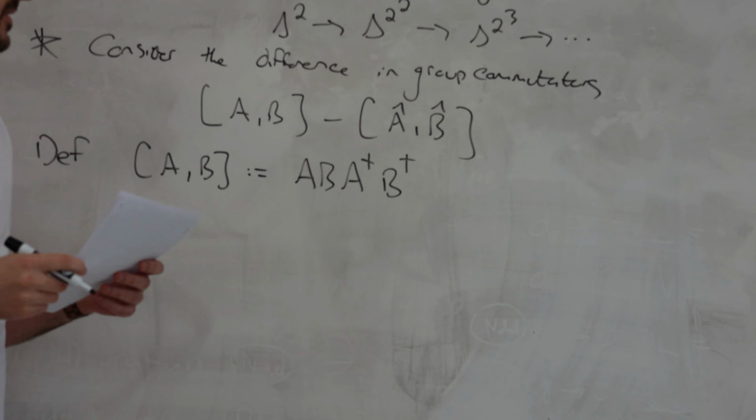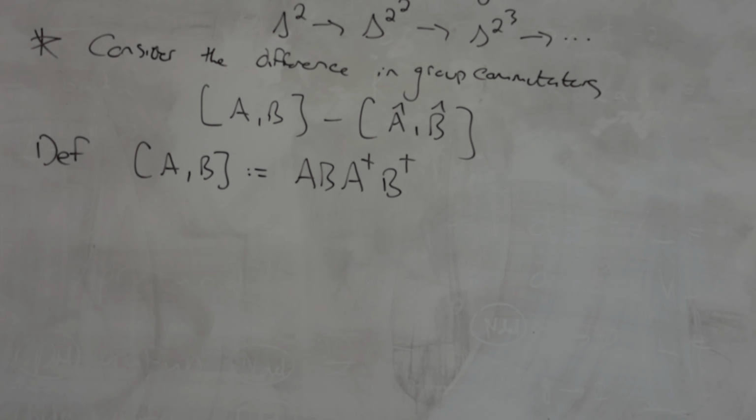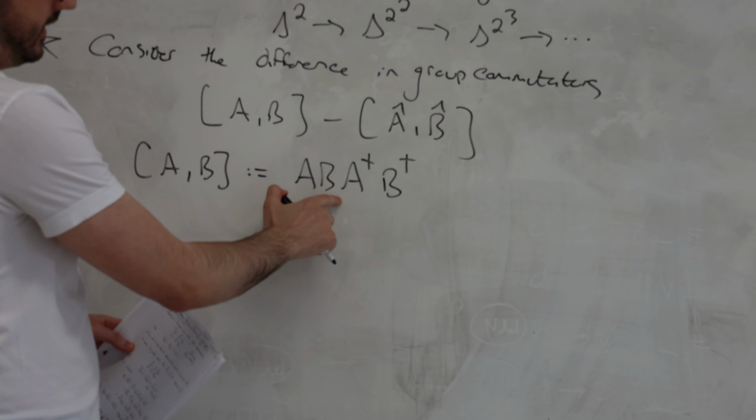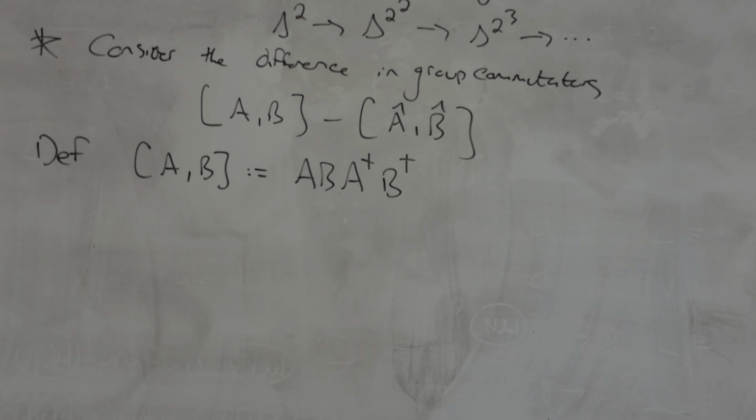If it's the case, we're again considering everything to be unitary. So if AB equals BA, so A commutes with B, then what would this evaluate to? Who could tell me? If AB is equal to BA, then I can reverse this order, and I'll have A times A dagger, which is identity.